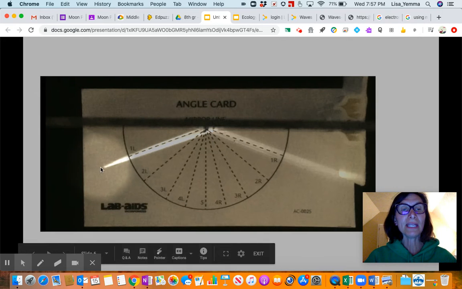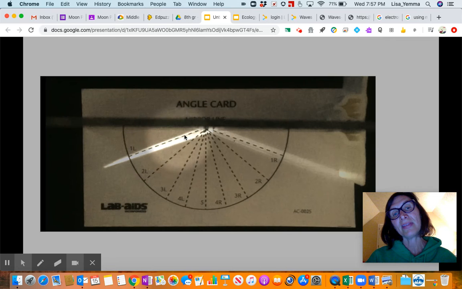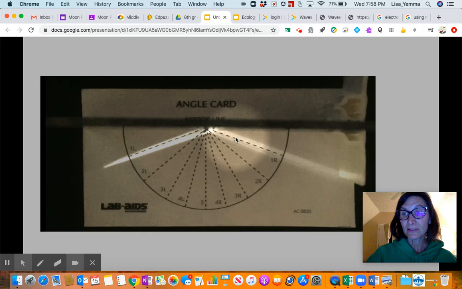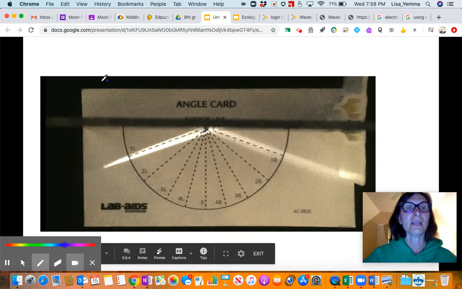When I shine in this light at this angle, the reflection is equal and opposite. 1L reflects to 1R. This angle of incidence, which I can measure from the plane mirror surface to the light, is equal to the angle of reflection. There's an angle of incidence and an angle of reflection.